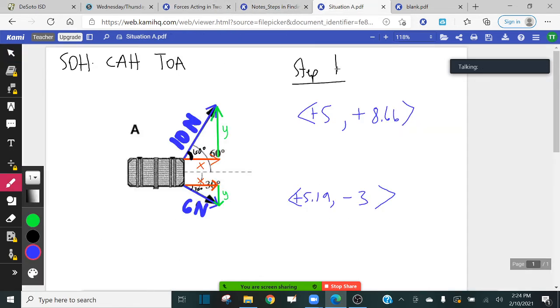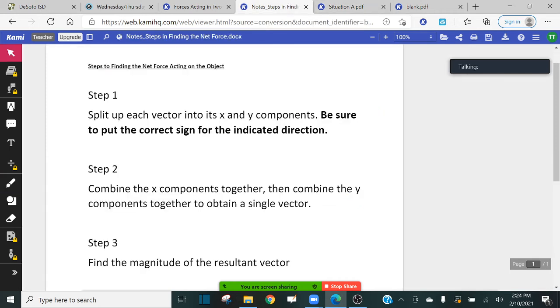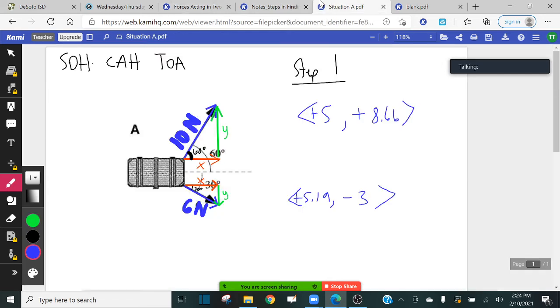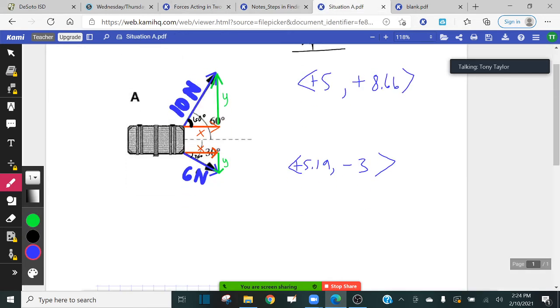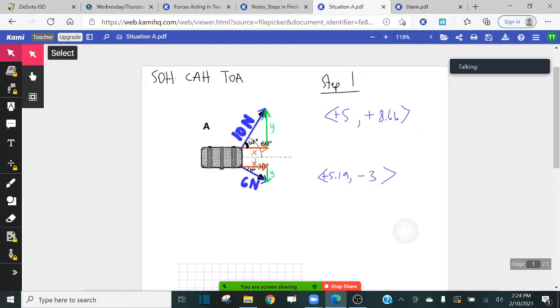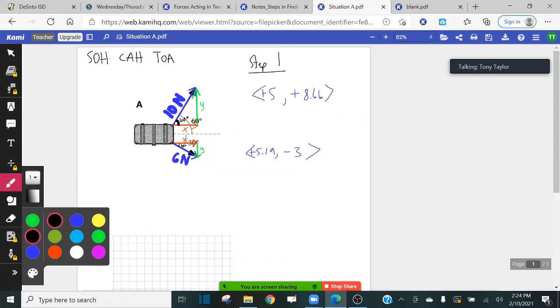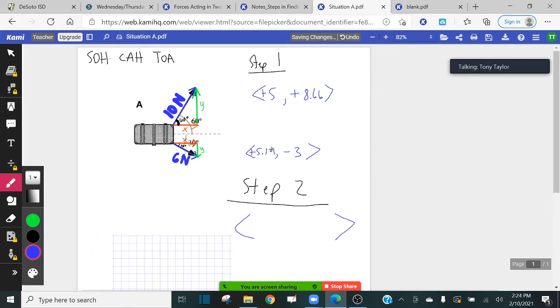Where am I? Okay. Oh, okay, guys. Going back to step 2. Step 2 says combine the x components together, then combine the y components together to obtain a single vector. So I'm gonna write out step 2. Remember, step 2 says to combine our x and y components. Can someone tell me if you add up those x components there, what do you get?